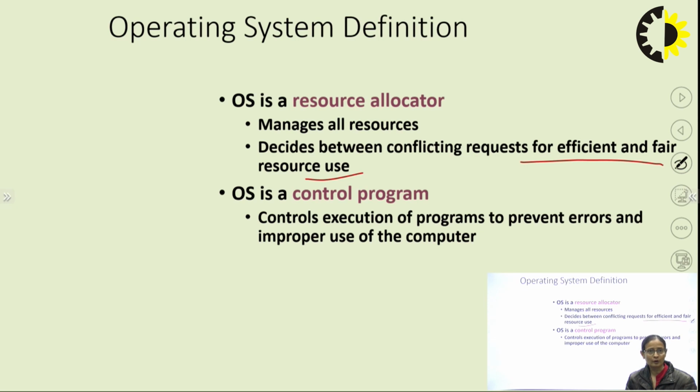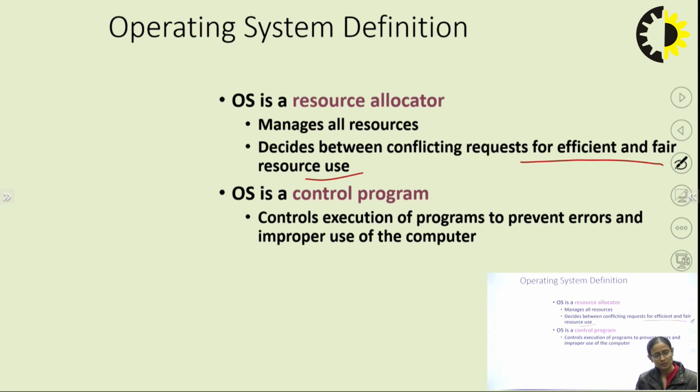That is, if we have 5 processes in the system, and all these 5 processes are contending for the same resource, then this resource would be allocated to all these processes. It is also a control program. What does it mean?